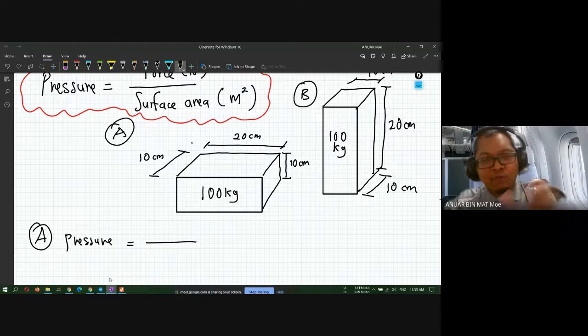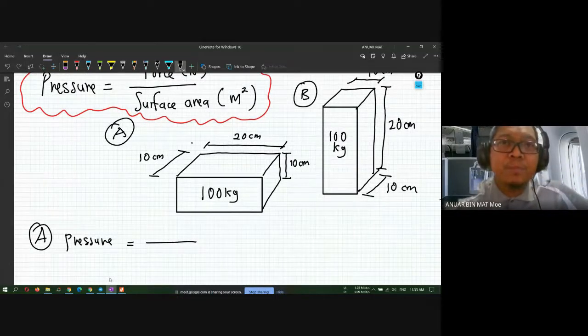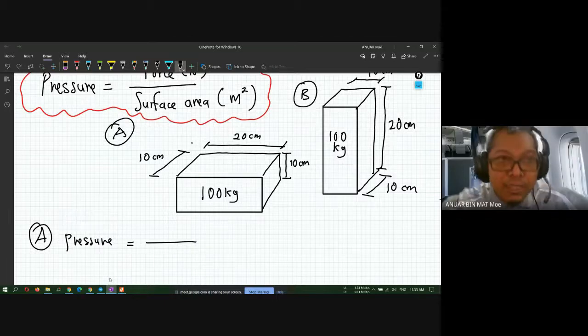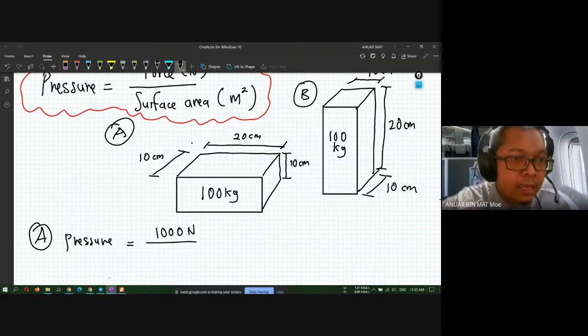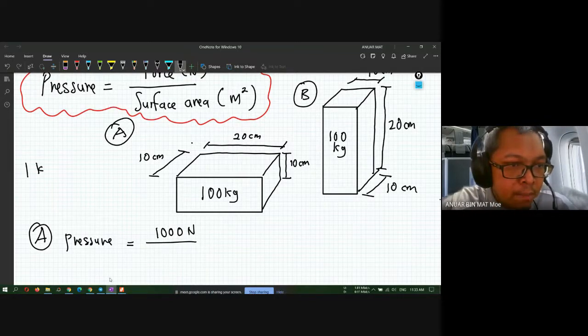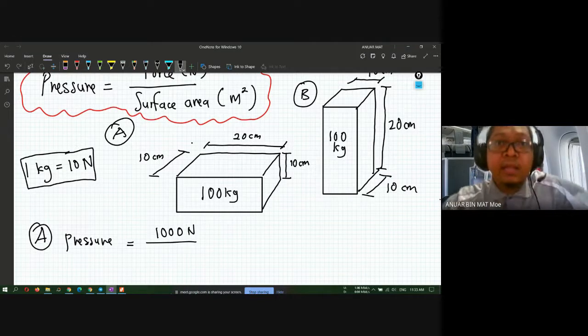So you need to convert kilogram to Newton. How many? Anybody? 10, 1 times 10. Okay, very good. 1,000 Newton. Remember, 1 kilogram equals 10 Newton. So you have 1,000 Newton.